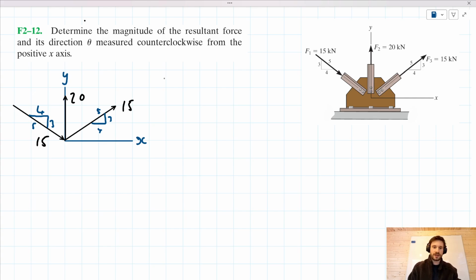So we can say F_R,x, R meaning resultant force, x meaning its horizontal component, is equal to 2 times 4/5 of 15, which when I put in my calculator, I find is equal to 24. Let's move on then.